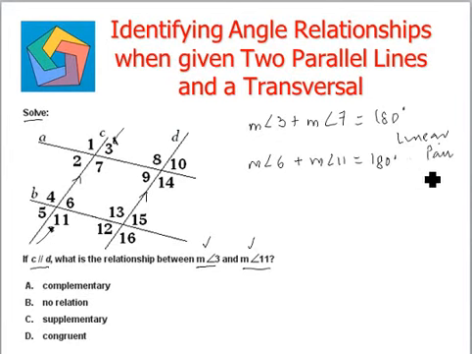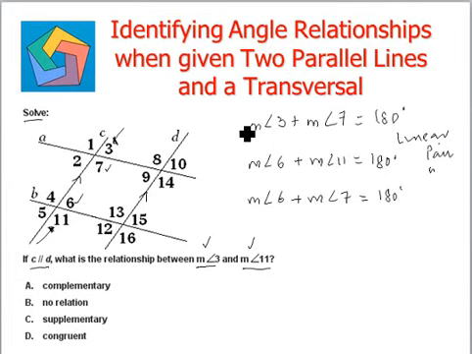The same thing, that is a linear pair. Now measure of angle 6 plus measure of angle 7 is again equal to 180 degrees. This is because angles on the same side of the transversal are supplementary. So that is, measure of angle 6 and 7 is also 180 degrees.